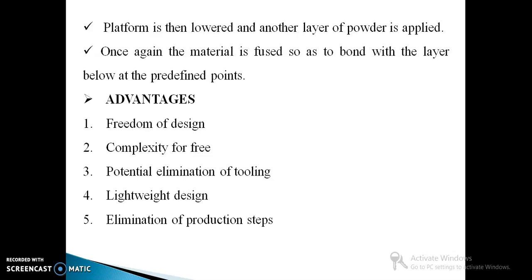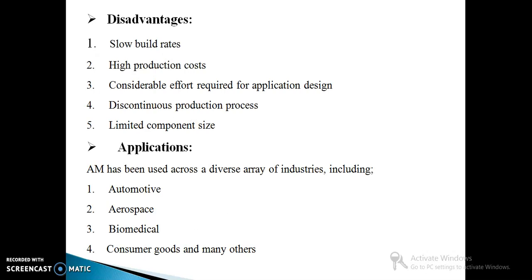Lightweight components can be manufactured with the help of the AM process. Elimination of production steps, meaning it is possible to eliminate the steps carried out in conventional machining. Here in a few steps you can manufacture components. These are the advantages of the additive manufacturing process.